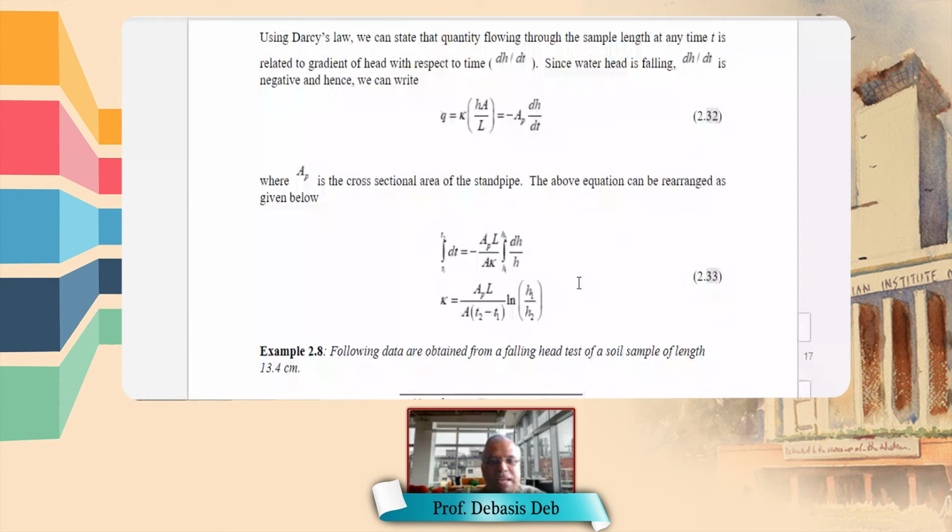This is what you will be asked to do. The formula and all these things I'm not writing, but you can get it from the book also. So these are the two experimental setups for finding out the hydraulic conductivity.